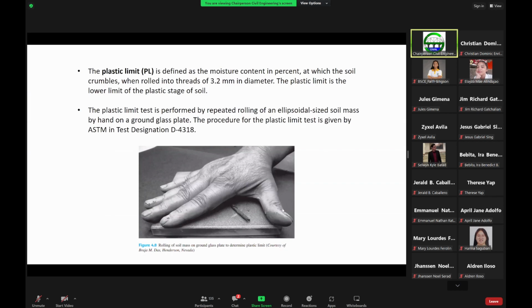The plastic limit test is performed by repeated rolling of an ellipsoidal-sized soil mass by hand on a ground glass plate. The procedure for the plastic limit test is given by ASTM D4318.